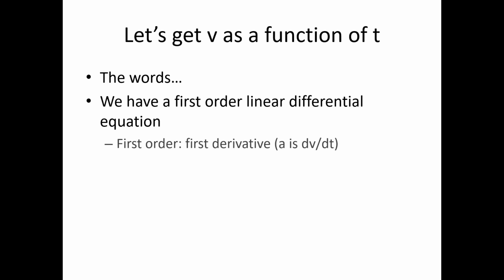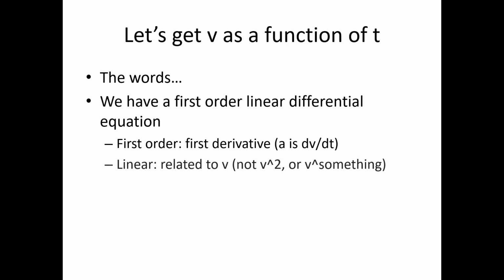It's first order because it's using a first derivative. Acceleration is dv/dt. It's linear because the force, remember, was related to kv, not kv squared or kv to the third or something else. It's differential because it involves velocity and acceleration, which is velocity's derivative.